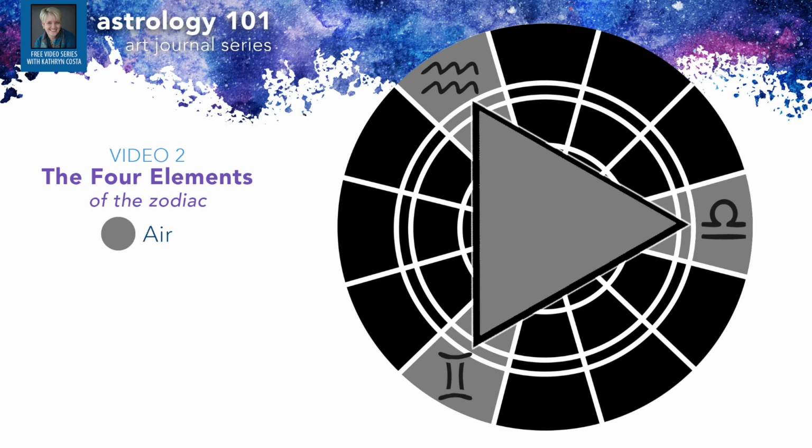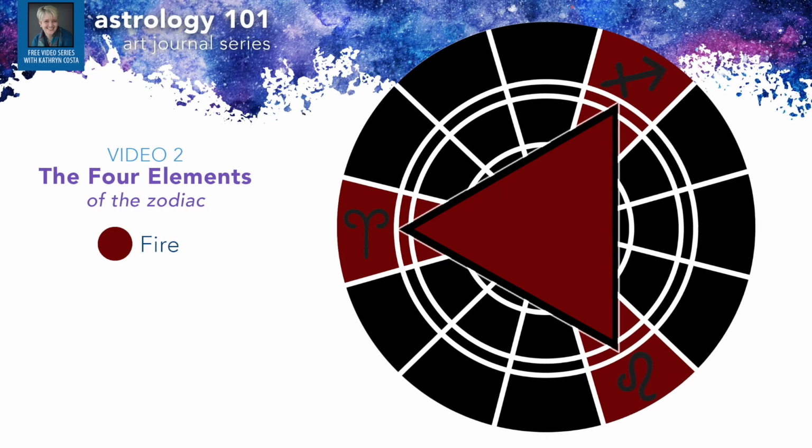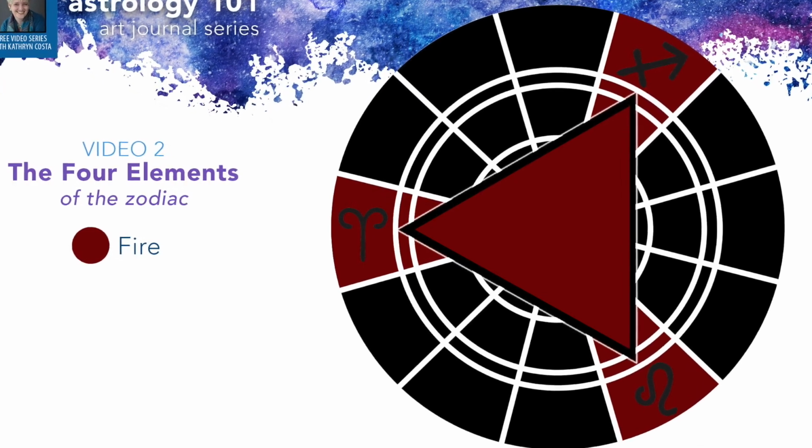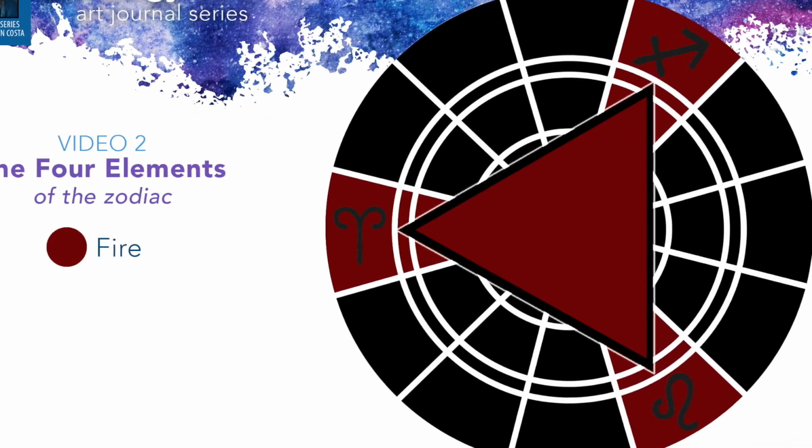Now, when we draw a line to connect these three zodiac signs, Gemini, Libra, and Aquarius, notice that the triangle is pointing upward and to the left, in contrast to the fire that was upward but pointing to the right. So the air element and the fire element are both examples of yang energy, that outward focus, where the triangle for the fire is pointing to the right, and that denotes that action, that movement, right?